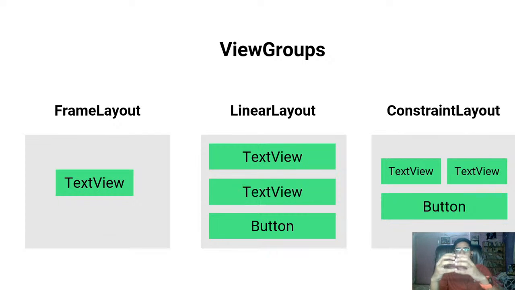If you want to create an app which looks the same throughout all the displays, even on a 5 inch phone or on a tablet, then you need to use constraint layout. So these are the three basic view groups which we will deal with.